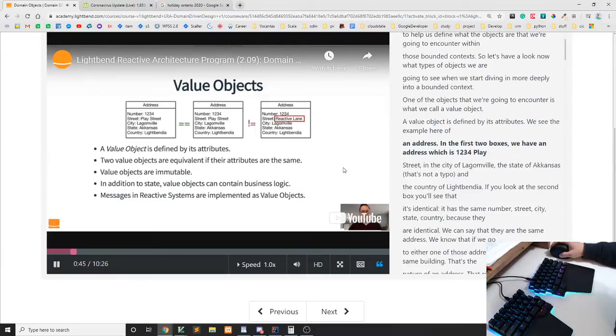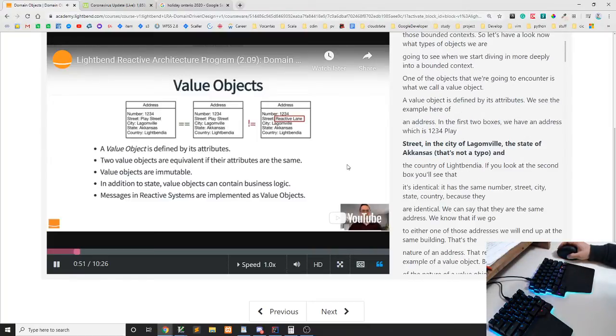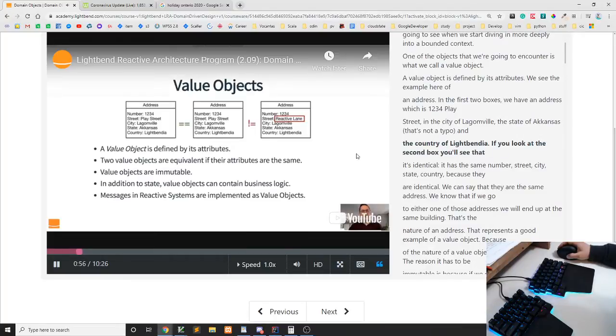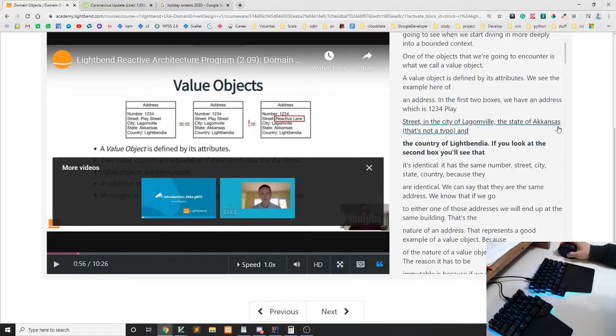In the first two boxes, we have an address which is 1234 Play Street in the city of Loganville, the state of Arkansas, that's not a typo, and the country of Lightbendia.